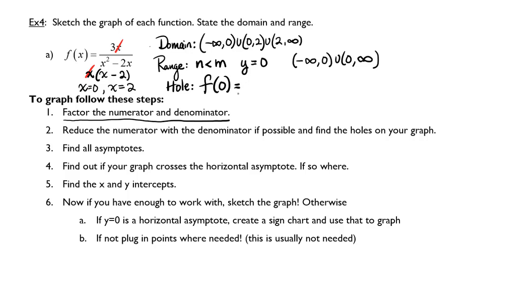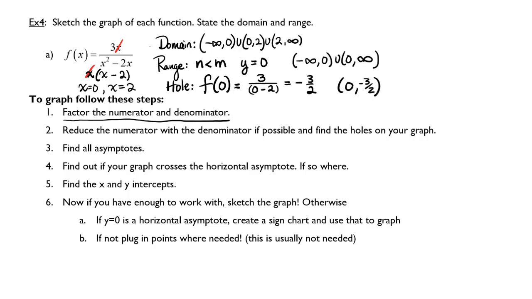If I've reduced the x out, I will be left with 3 over x minus 2. Substituting the 0 in for x, I will have 0 minus 2. This will give me negative 3/2. So there is a hole at 0, negative 3/2.